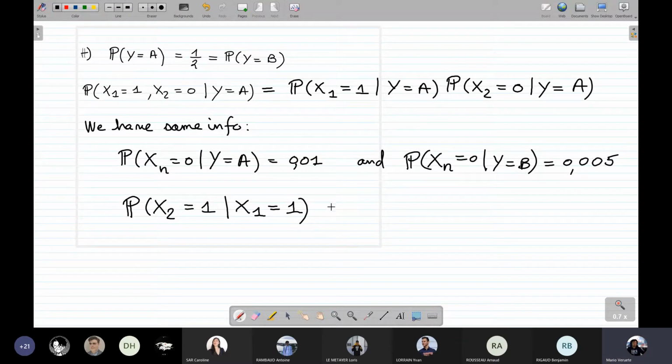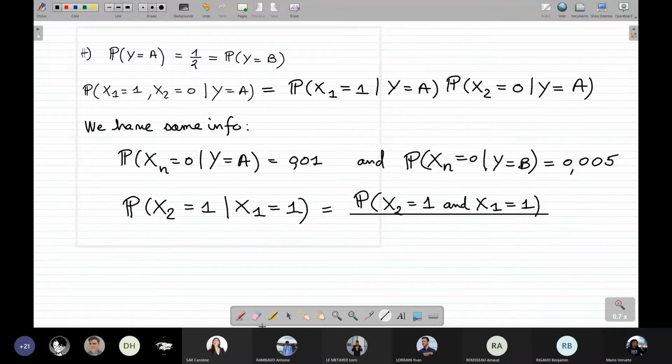We know that this conditional probability, by the definition of conditional probability, is equal to the probability of X2 equals 1 and X1 equals 1, divided by the probability of X1 equals 1.